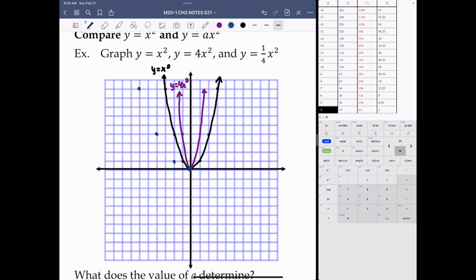And then we'll go the positive direction. At x equals 2, we have y equals 1. At x equals 4, we have y equals 4. And at x equals 6, we have y equals 9. Join those points together. That is the graph of y equals 1 over 4x squared.